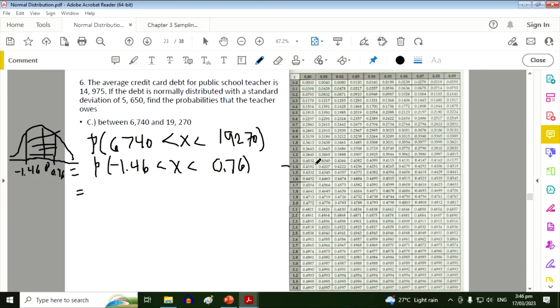So for 1.46, we have 0.4279, plus our 0.76, 0.2764. So 0.4279 plus 0.2764 is 0.7043.